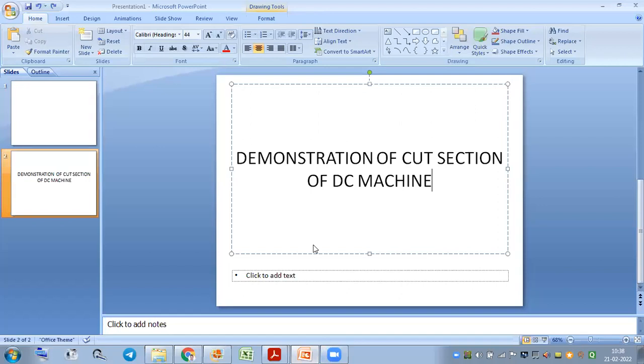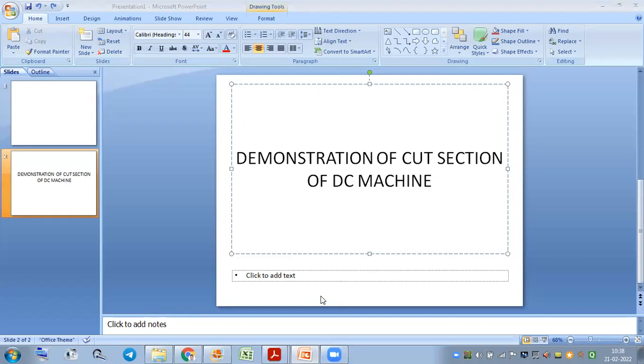What is the meaning of the demonstration of cutoff section of a machine? Demonstration means description or introduction of the cutoff section of the machine.